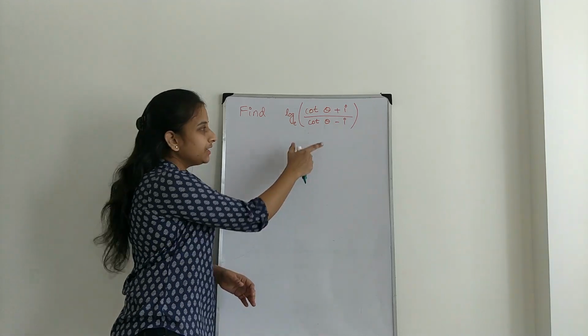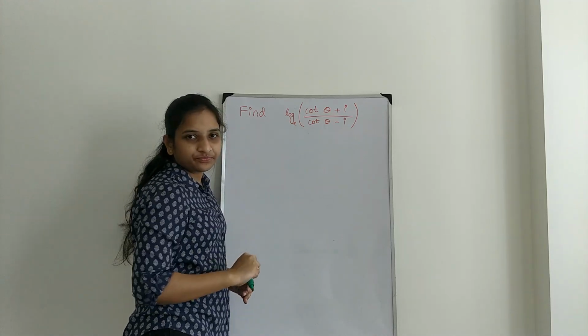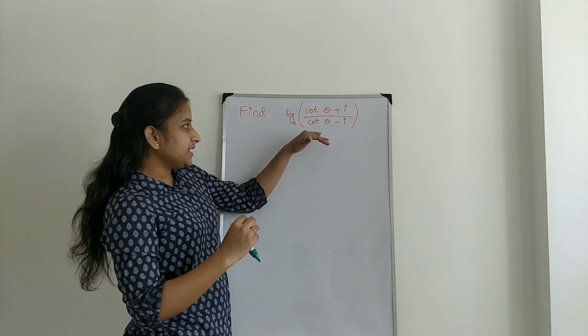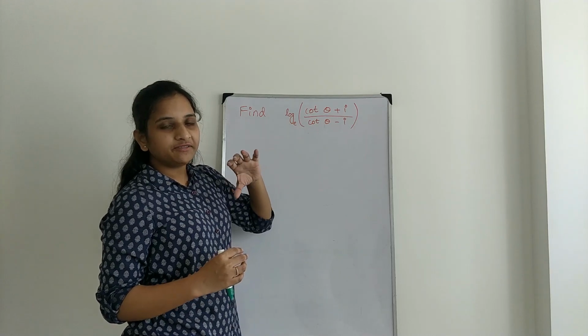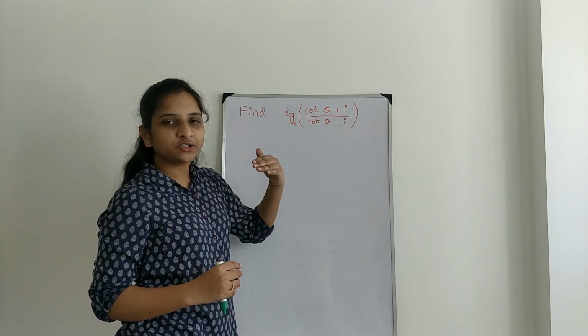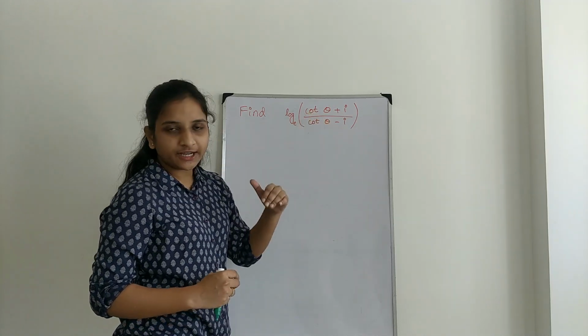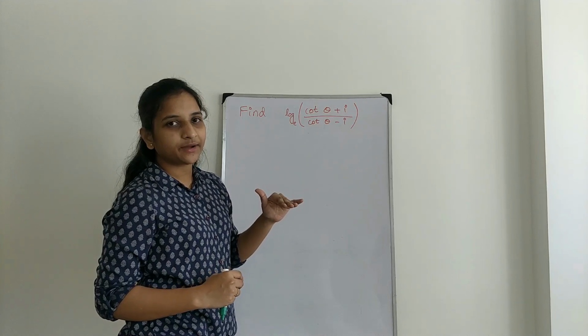Now, here a trigonometric function is there, and a division. So I am bringing this into the standard Euler form so that I can solve the division very simply. Okay. So I am writing cot theta as cos theta by sin theta.